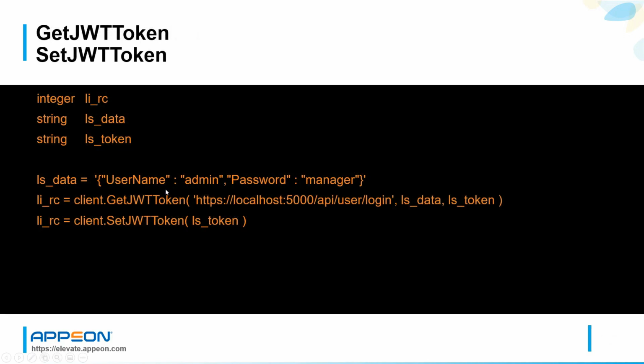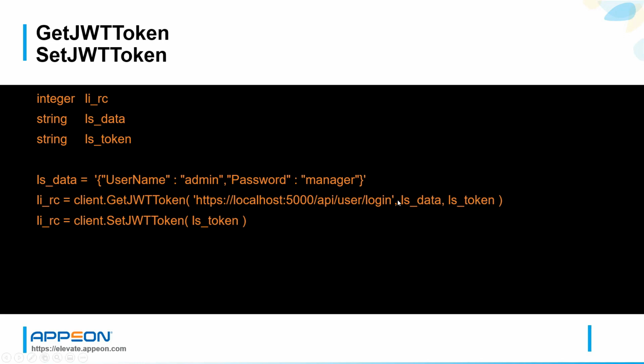So this is an example of scenario 1, where we're going to use the getJWT token and setJWT token. So I'm going to take the username and password, and put them together in a JSON payload. I'm going to call my getJWT token. This is the endpoint where we do the request for the JWT token.